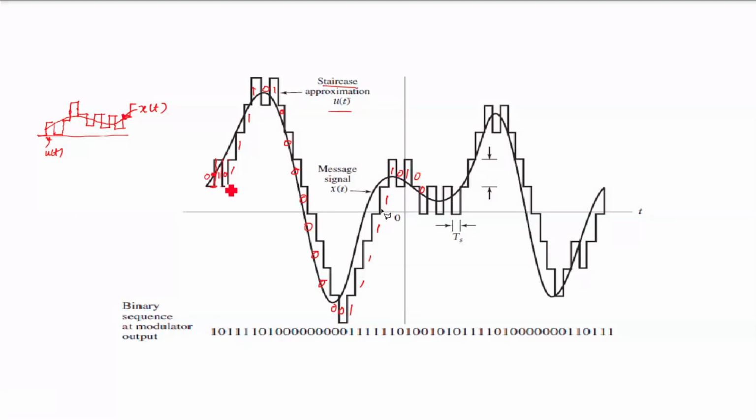Or in general, if there is a slope in the signal, the corresponding bits are going to remain the same, 1 1 1 and so on, or 0 0 0 0 and so on, as long as there is a fall. And if you find the signal stable for some time, if the signal is getting settled for some time, you can see there are alternate ones and zeros here.